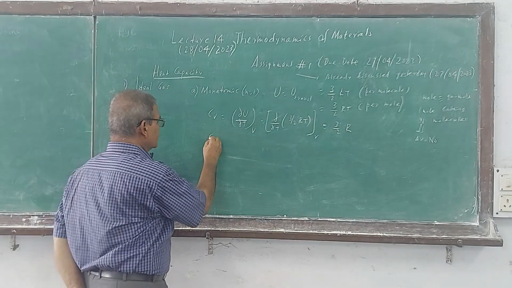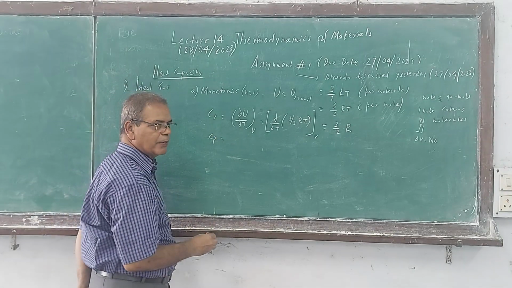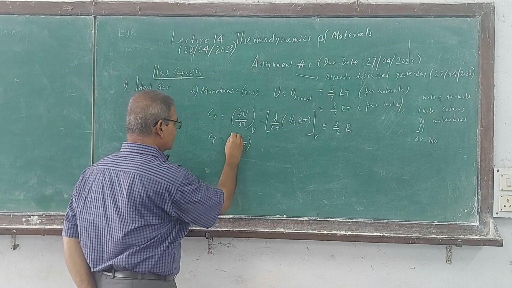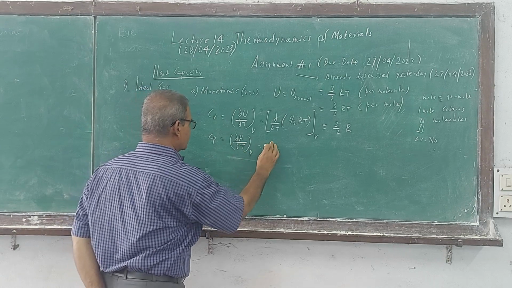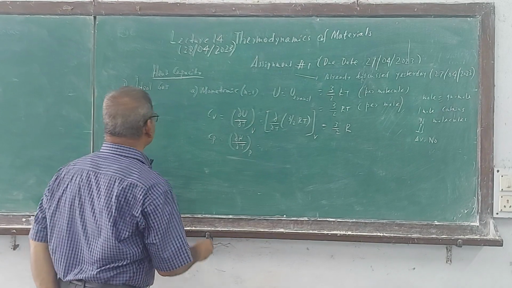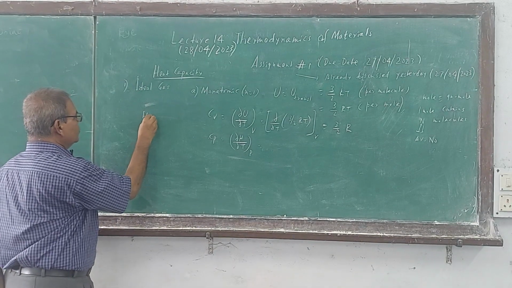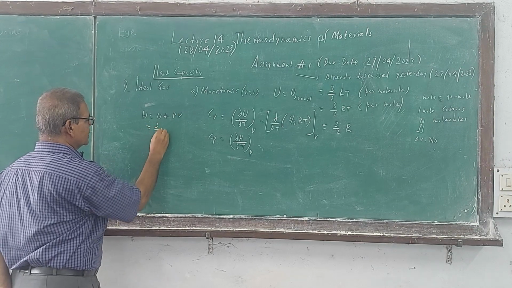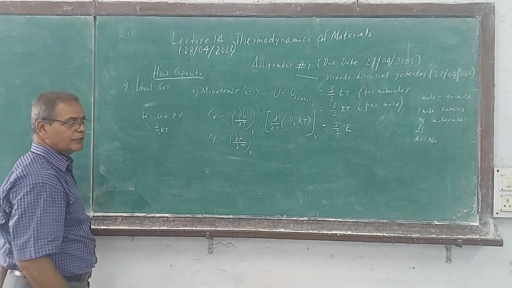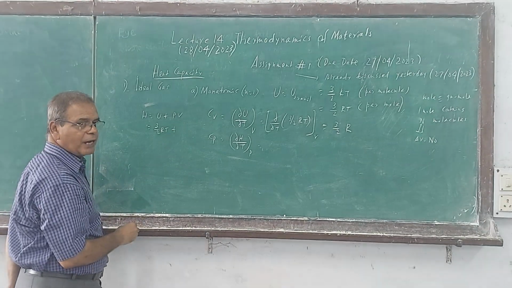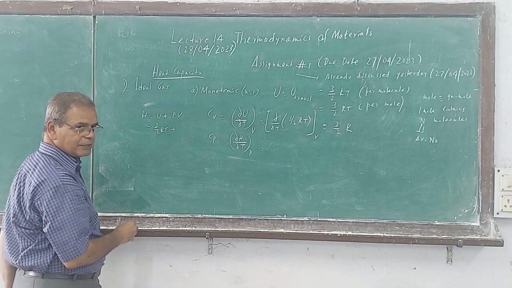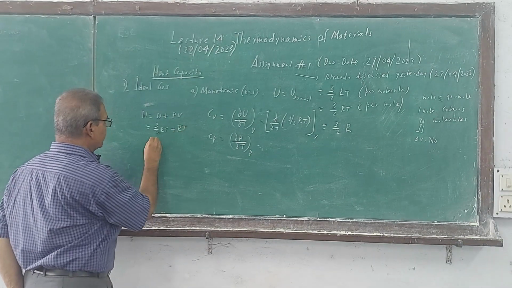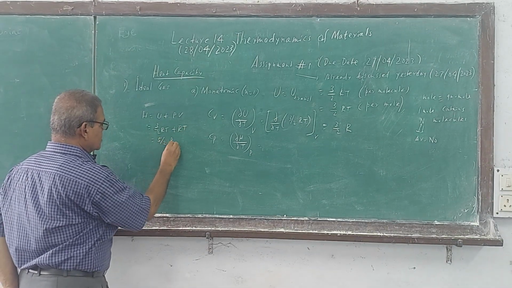What is Cp? You remember, Cp is del H by del T at constant pressure. Now what is H? H is U plus PV. U is already 3/2 RT. I am talking of 1 mole, and PV for 1 mole of ideal gas is nRT, where n is 1, so RT. So it is 5/2 RT.